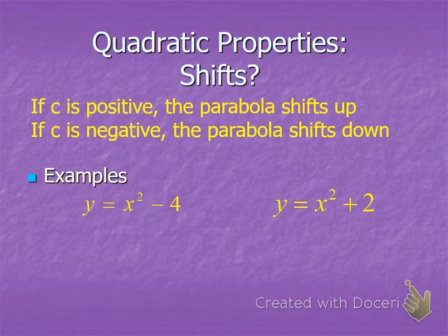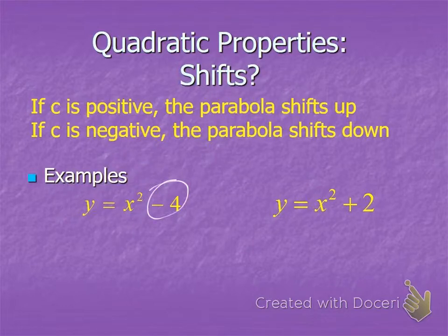Now, we will talk about shifts, but we're really going to talk more about shifts in terms of the vertex when we learn how to find the vertex. But one thing that you can kind of pay a bit of attention to is whatever C is. C will tell you how the parent function will shift. How does the graph shift compared to the parent function?